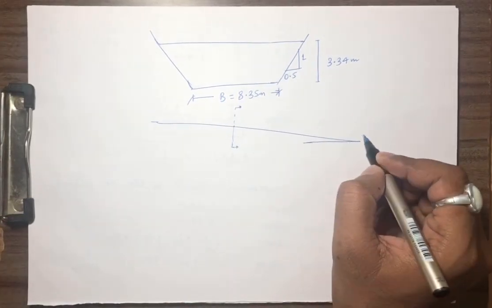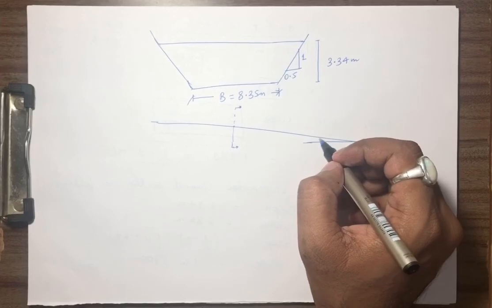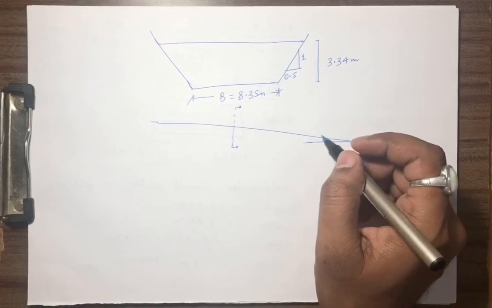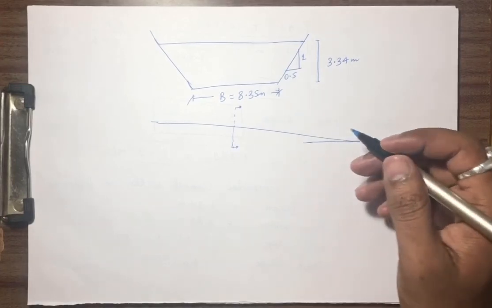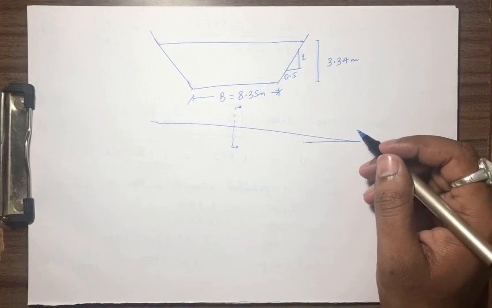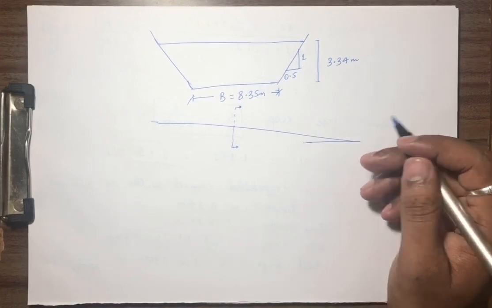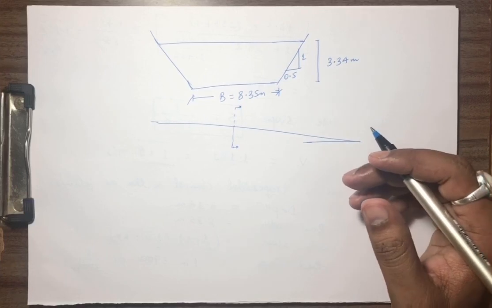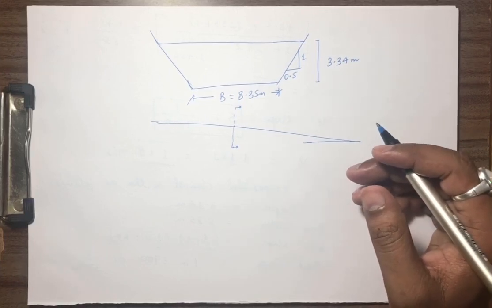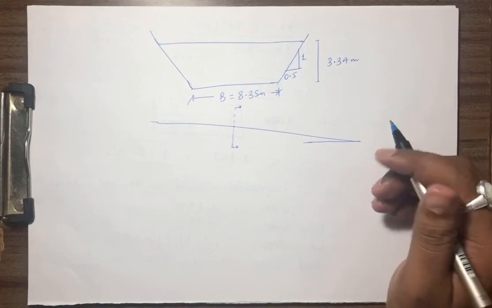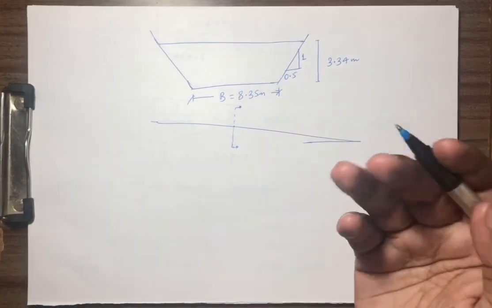Why are we providing this slope? This will be a very gentle slope. Why? Because we want the flow to be under gravity, so that we can avoid the use of various machines for lifting or pumping the water. So we want to take help of gravity.